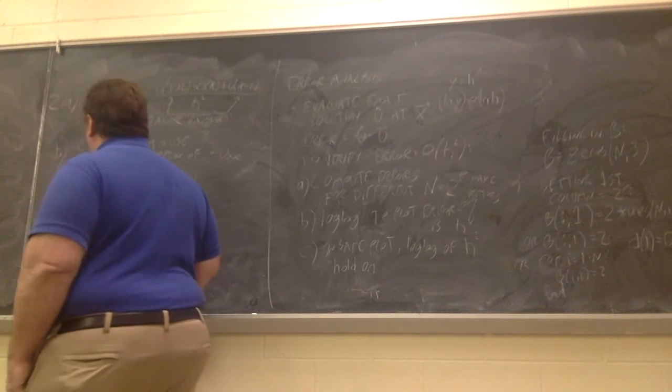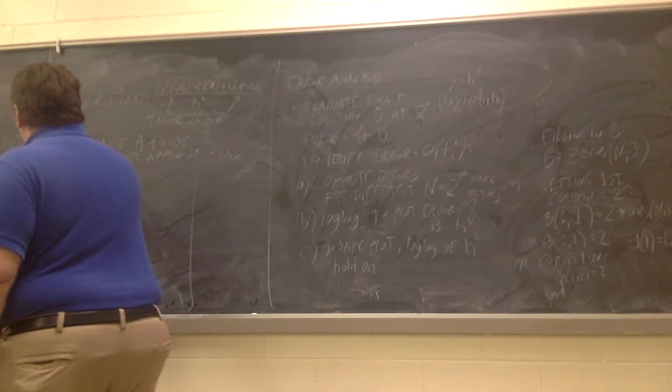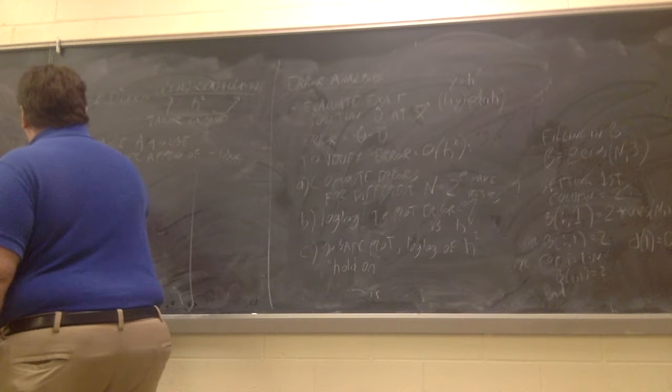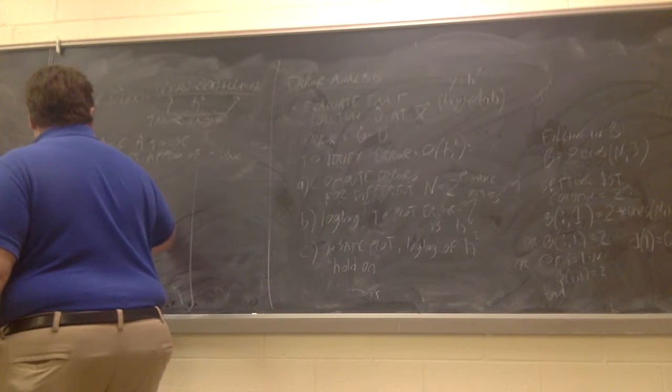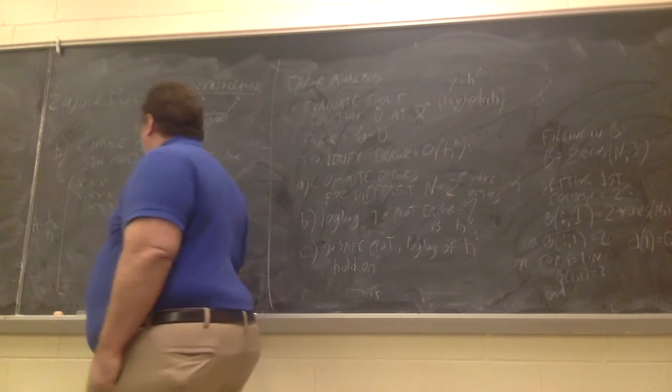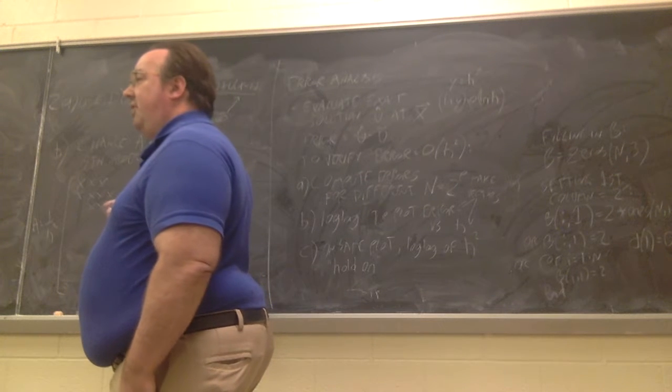But what's going to happen is, since you have 5 points altogether, the x's just indicate non-zero entries.